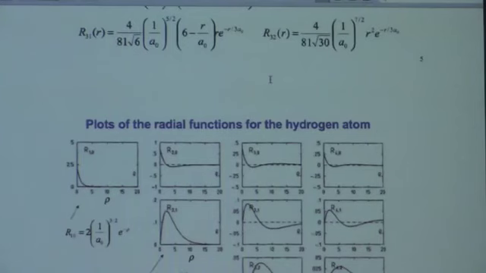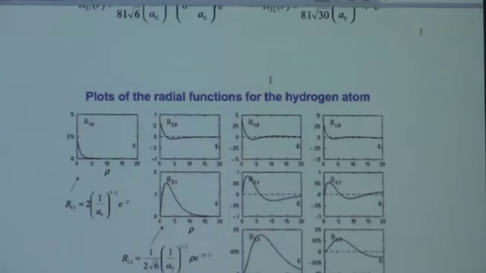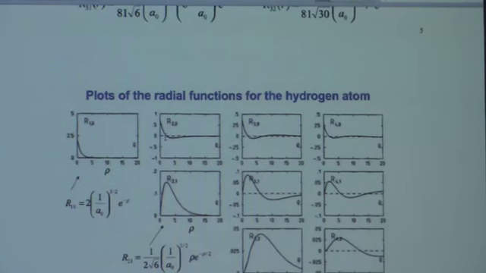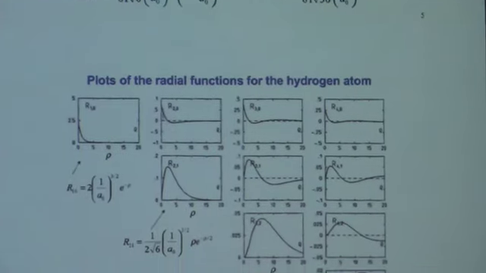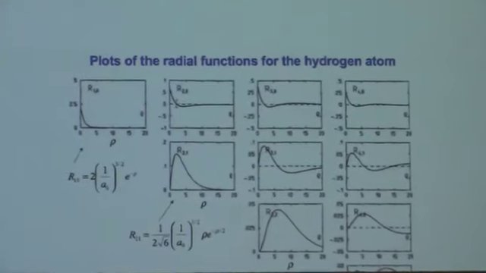And the way they look, I don't know whether in general chemistry they showed you, but essentially the 1s orbital is an exponential function, no node. Then the 2s orbital has a node, right? That's the point where the function crosses the 0 line.